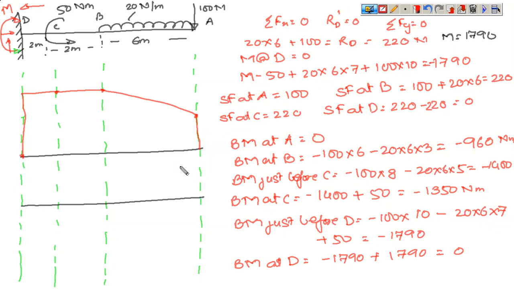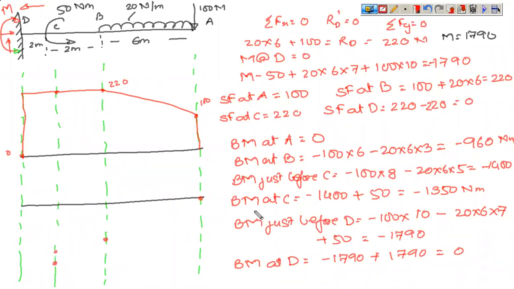Now let us see the bending moment diagram. Let us put down the values. This is 100, and this is 220, and this is 0. So if you look at the bending moment diagram, BM at A is 0, BM at B is 960, so this is 960. BM just before C is minus 1400, so this is minus 1400. BM at C is 1350, so this is 1350.